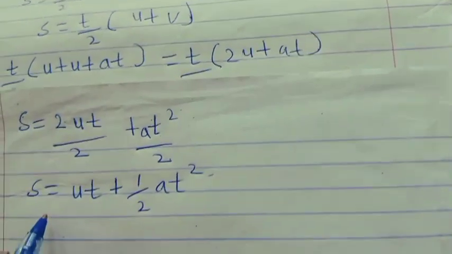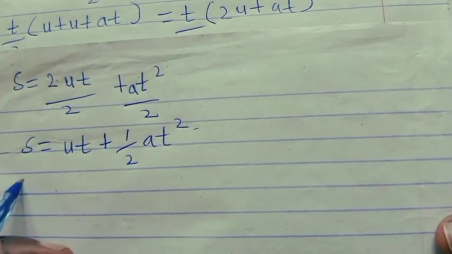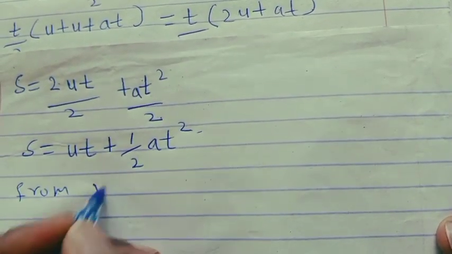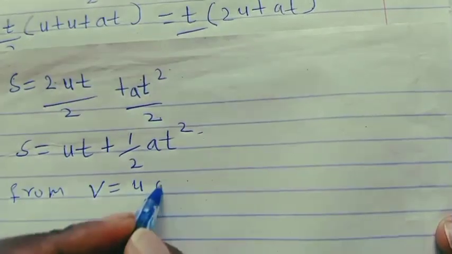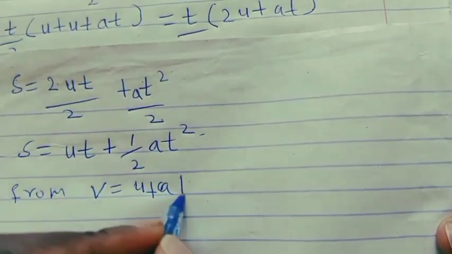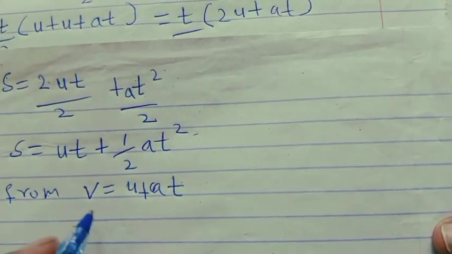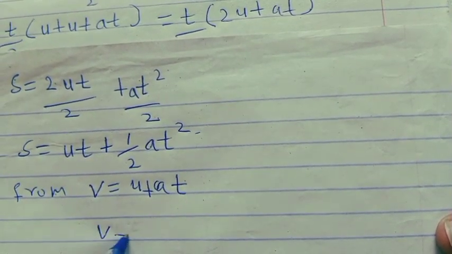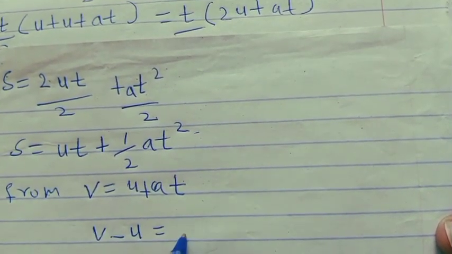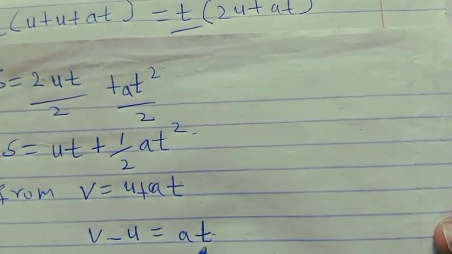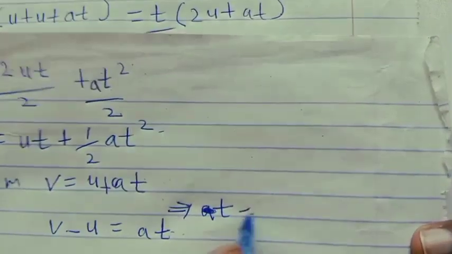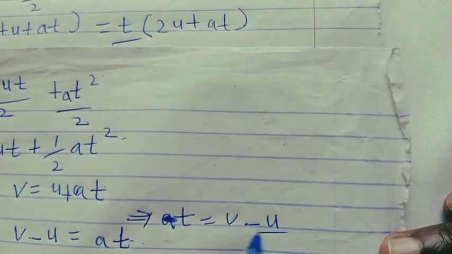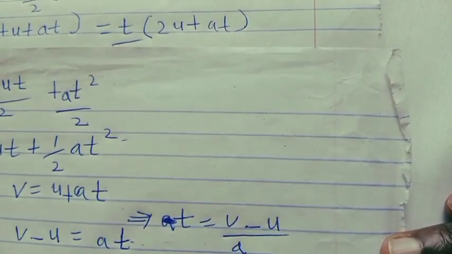Now from equation 1, that is v = u + at, it means that v minus u is equal to at. Our t is equal to (v - u)/a.